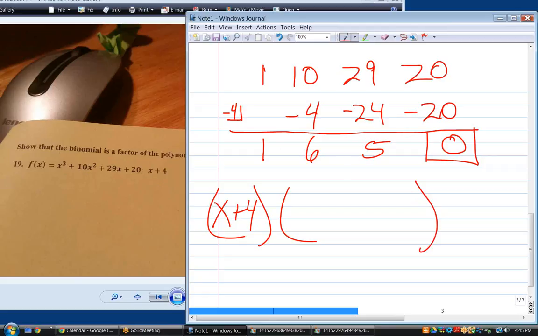Those are the coefficients of the quadratic. It must be a quadratic, because only a quadratic times this linear factor would produce a cubic. So what's the quadratic that goes here? x squared plus 6x plus 5.